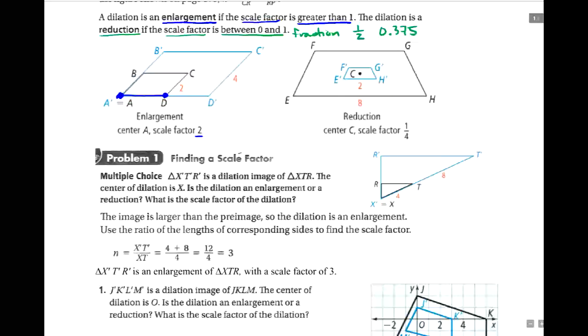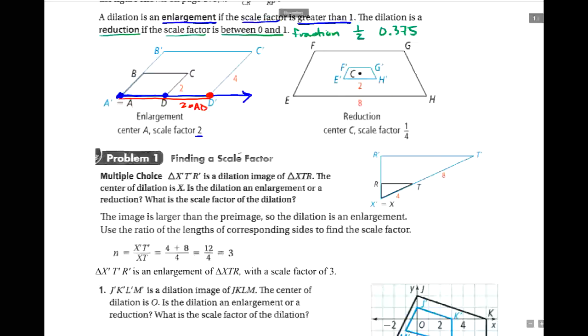We draw a ray through AD, and then we measure length AD, and then we multiply that times 2. We measure 2 times out here, and we get D prime. This is 2 times length AD.